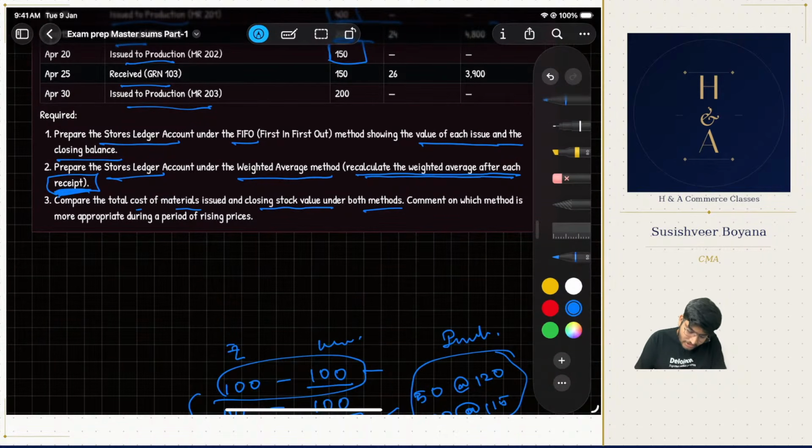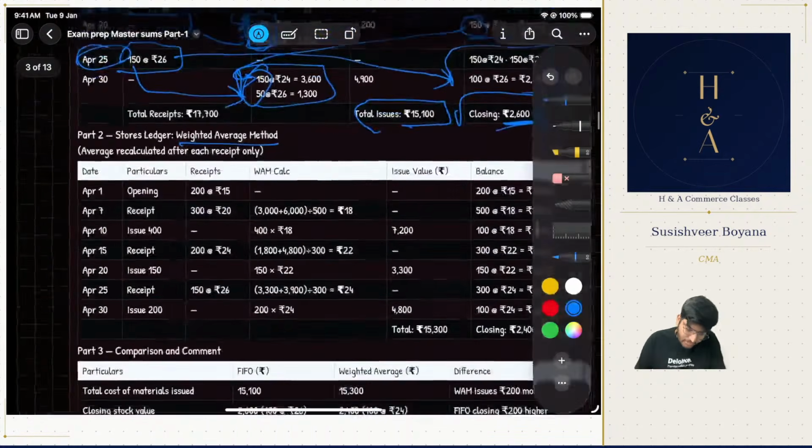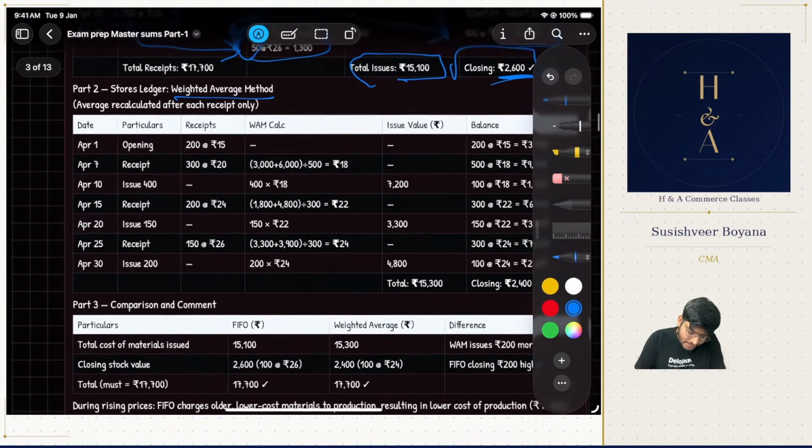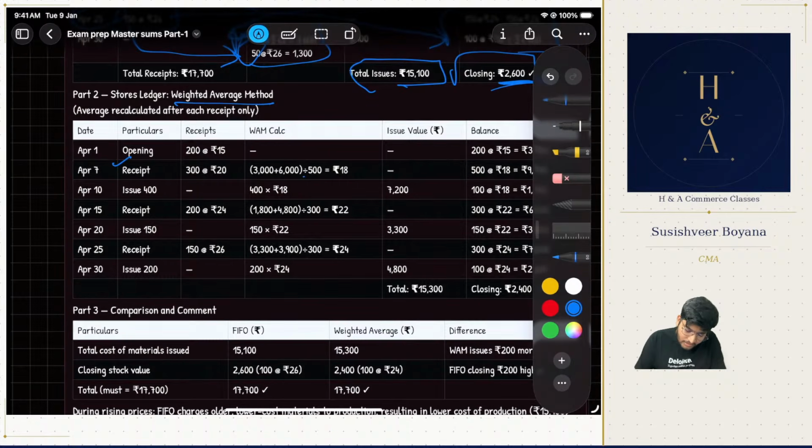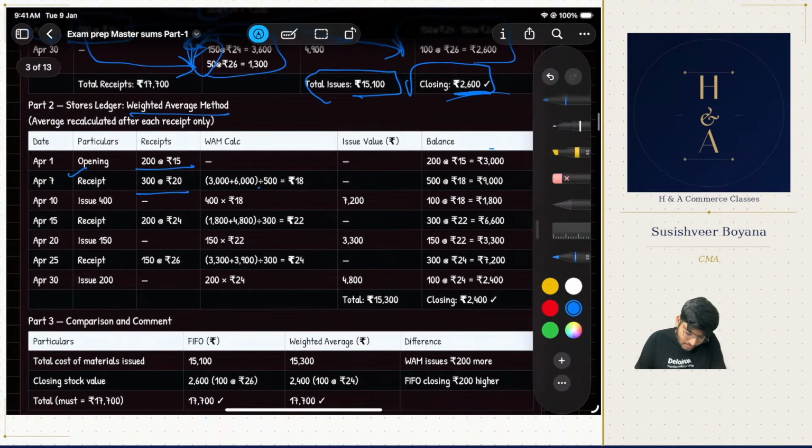He has specifically mentioned after each receipt you have to recalculate it. That means with every receipt that we get, our valuation of the stock is changing because we have to take a weighted average. So 200 into 15, 300 into 20, that is 3000 plus 6000 divided by 500 stock. So the weighted average value of the stock of total 500 units is going to be 18. That is how we value it.